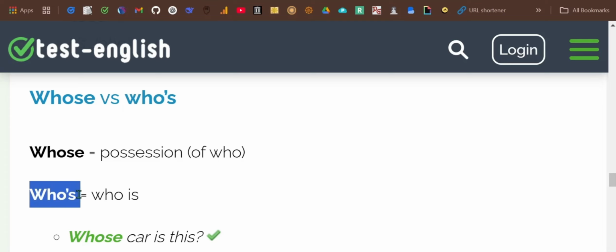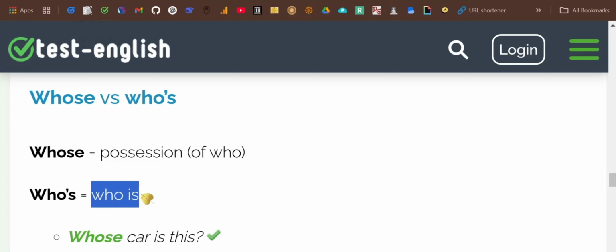And who's is who is. It's not possessive. The second one should be who has. Both sound like a Z. Whose. Whose.